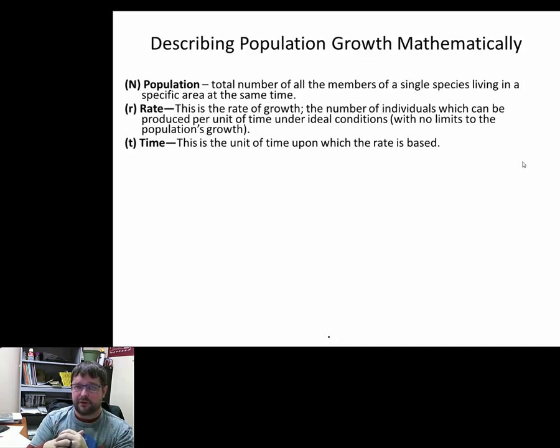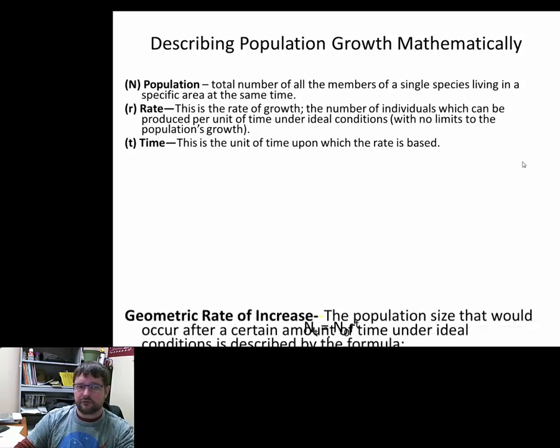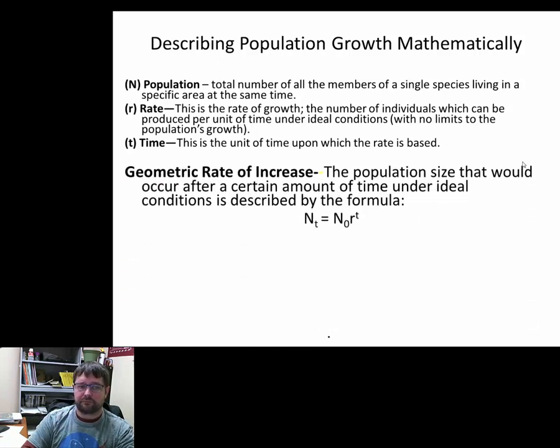If we're talking about mosquitoes, we might be talking about the number that you could reproduce in a month. If we're talking about humans, we're talking about the number of offspring that you could potentially produce in a year. And so that really depends on the organism.